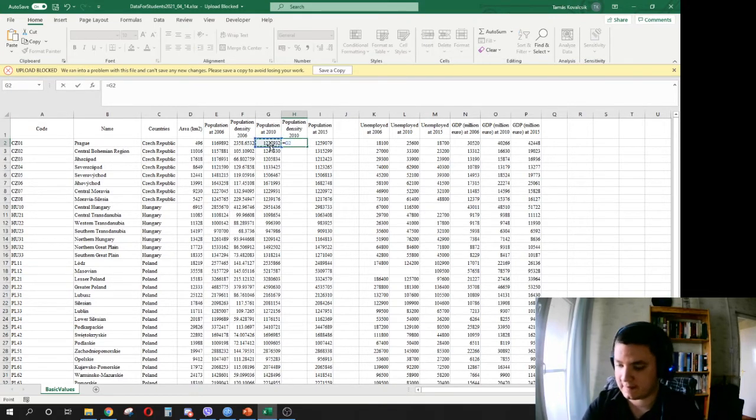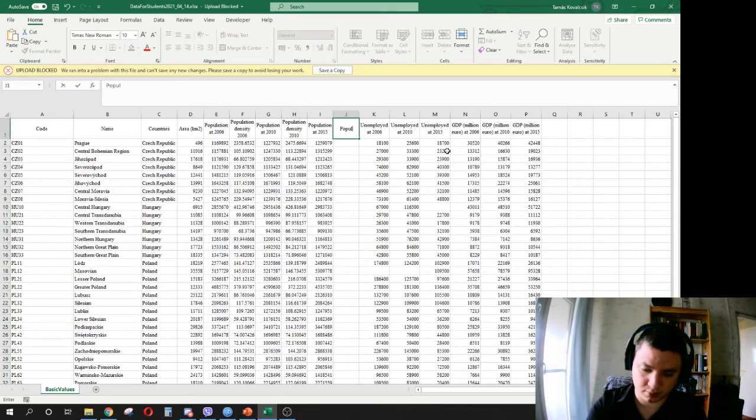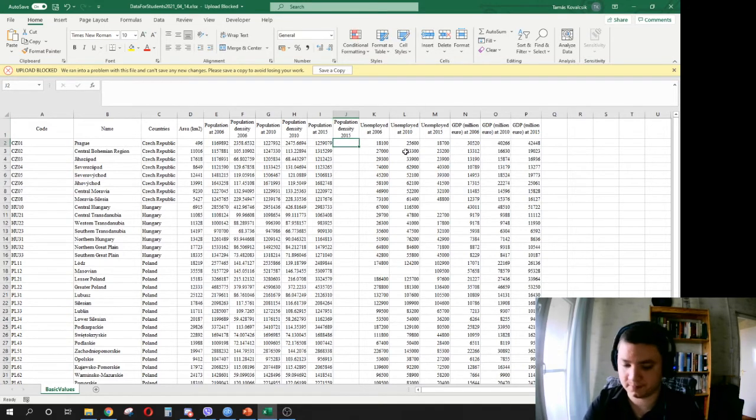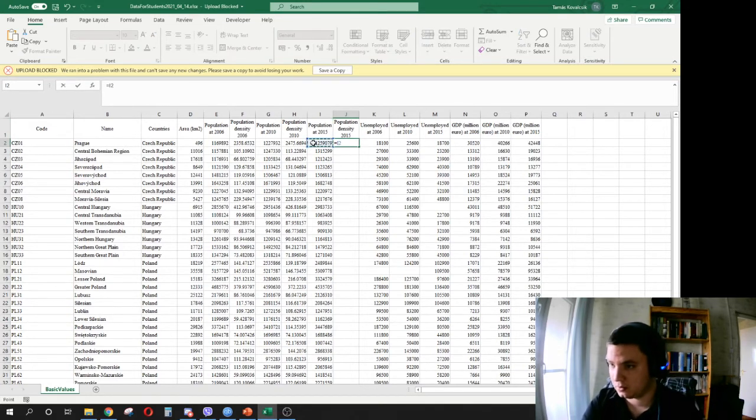Okay, and population density 2015, divided by the area.